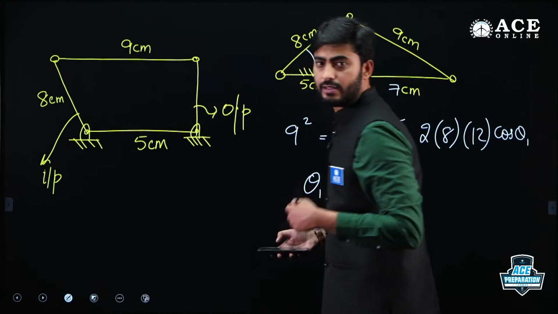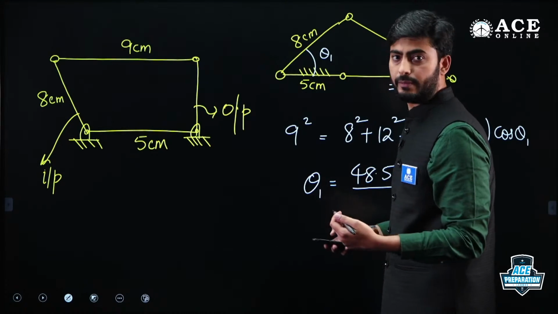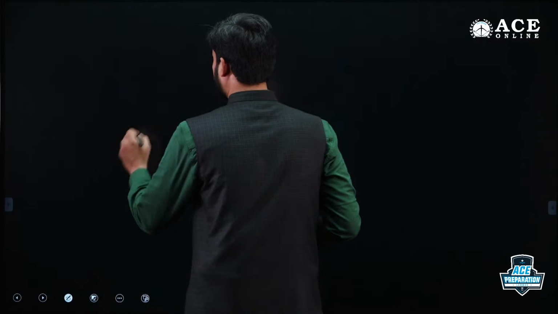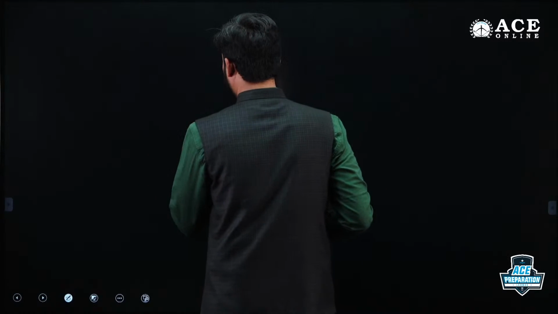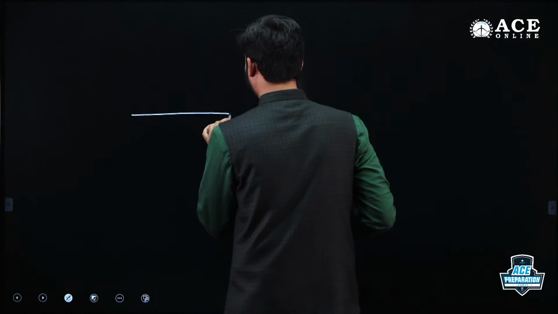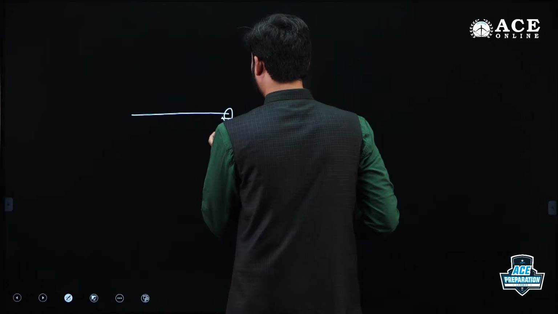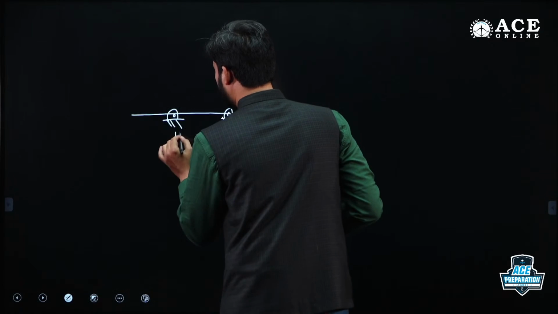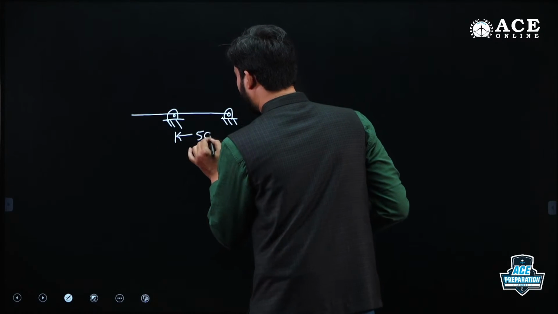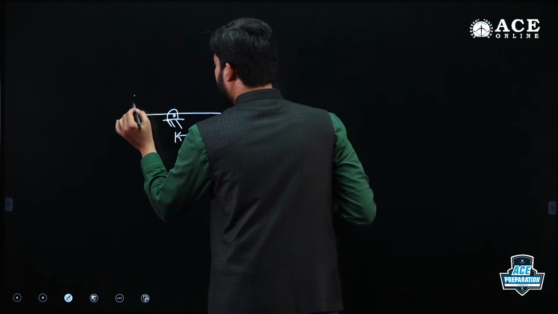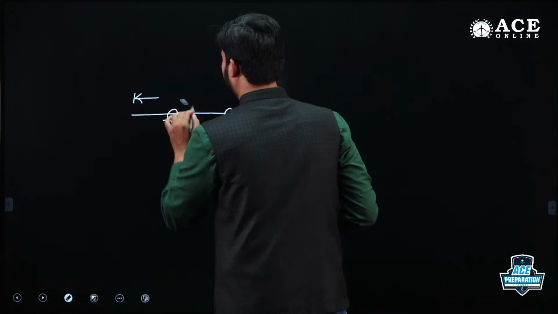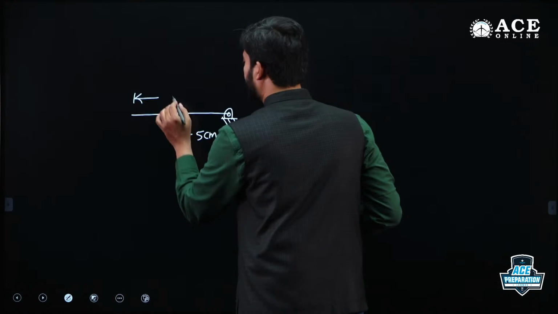Similarly guys, you can find the extreme position when the output link is in the backward position. Here the output link will be like this, and this will be the fixed link. This is 5 centimeters and this will be, sorry, not 9, it is 7 centimeters.